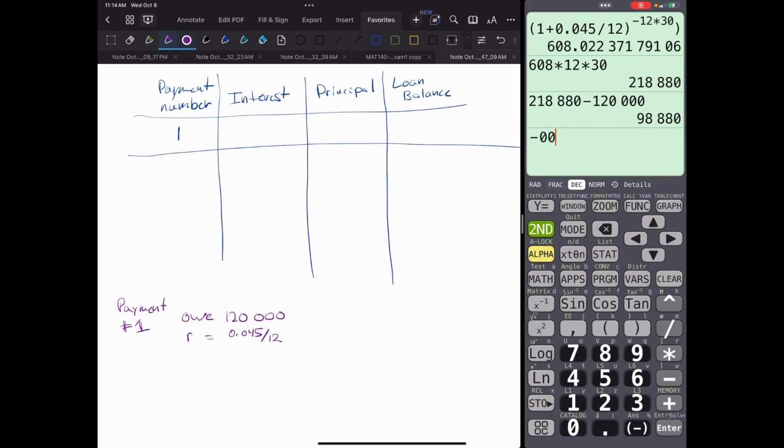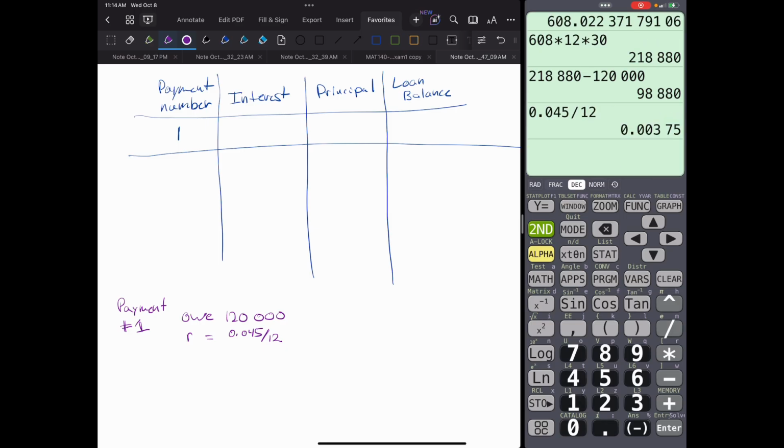So I got 0.045 divided by 12. And so now I really have my monthly rate is 0.00375. Okay, so I owe $120,000. And I have a monthly interest rate.